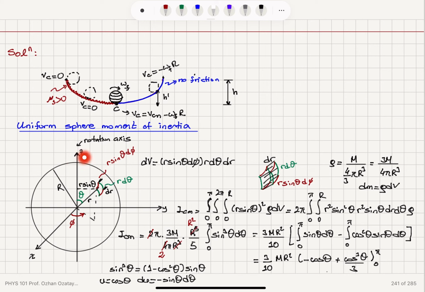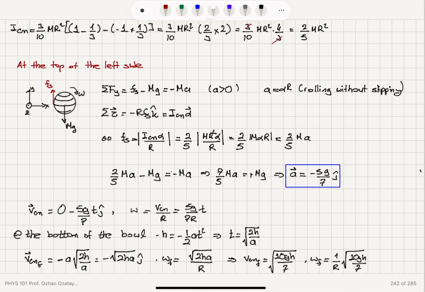So we get this slice here, and then when we have phi going from 0 to 2 pi, this slice will go over the whole space when r travels from 0 to capital R as well. So this integral gives us 2/5 mR squared as the moment of inertia.